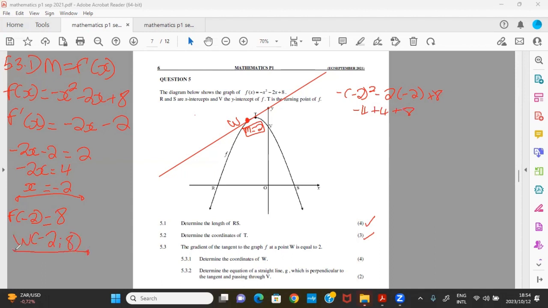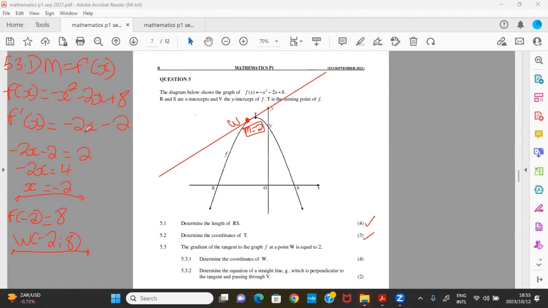Can you all double check? I think it was straightforward. But that's basically how you're going to go about it. Remember that your gradient is equal to the first derivative.